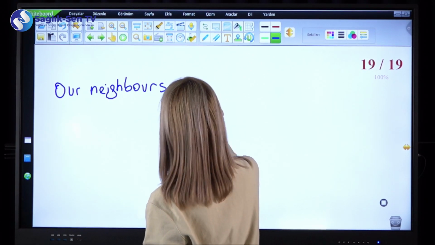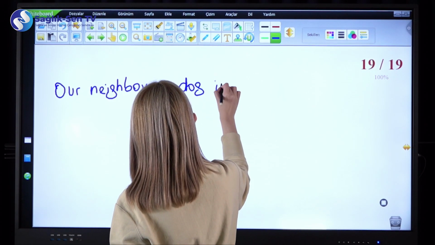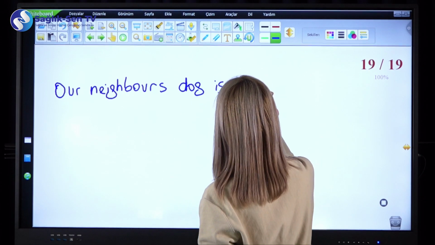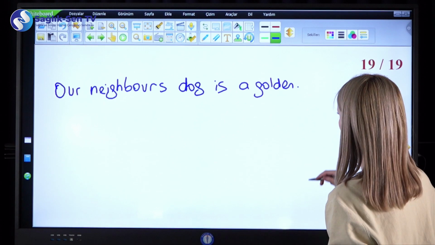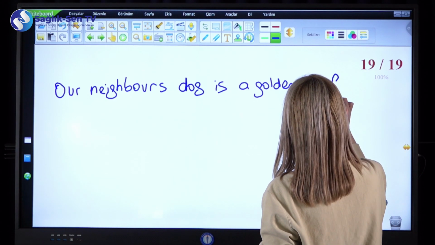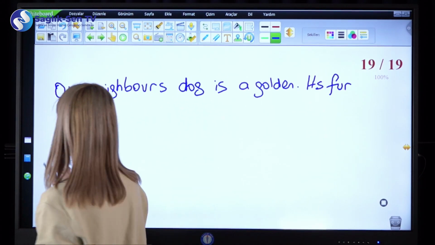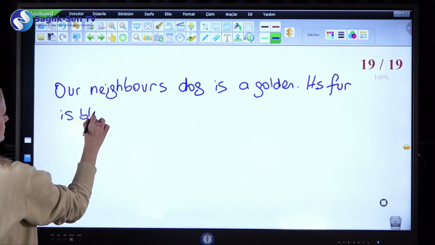Our neighbor's dog is a golden retriever. Its fur is blonde.